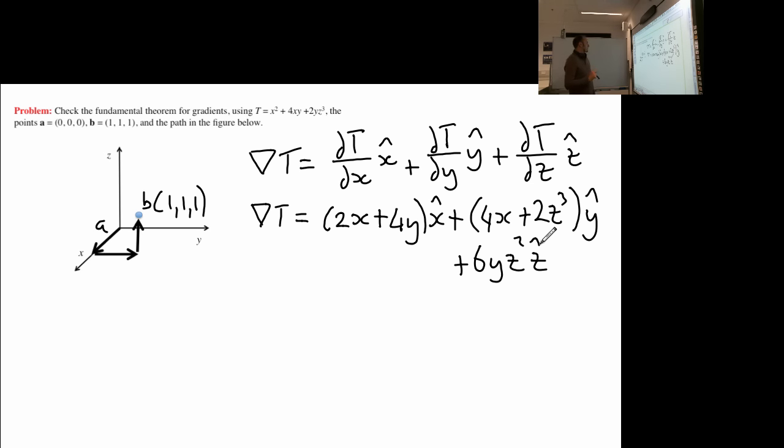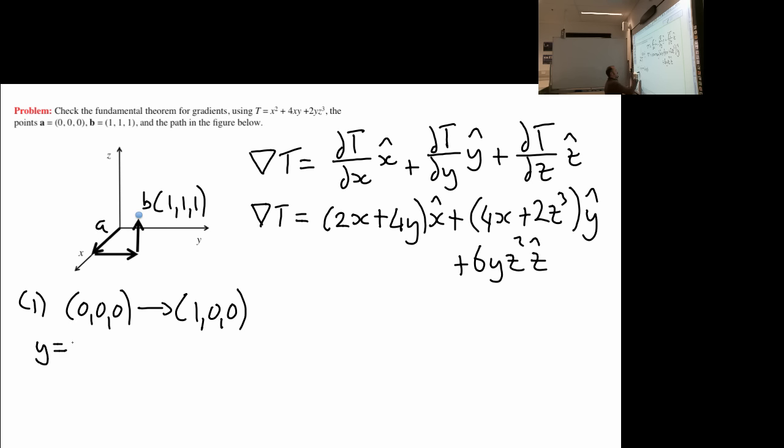Now what we must do is consider the path that we're taking. So the first path we're going to take is from the origin to the point 1, 0, 0. Okay, so what happens to x, y, and z along this path? Well, just look at y and z. Both y and z are equal to 0.